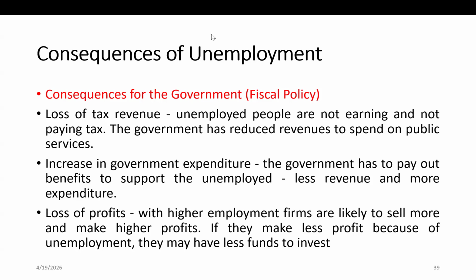Okay, so the consequences for the government policy or the fiscal policy, right? So, loss of tax revenue. When people are losing their jobs, what is happening? People are not earning, so they won't be able to pay taxes.